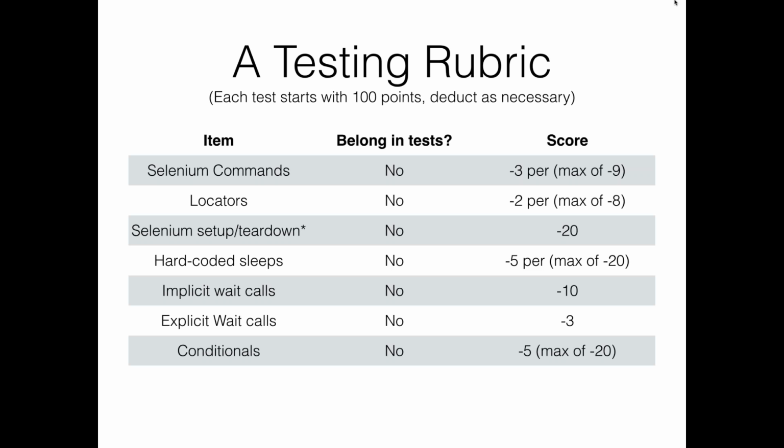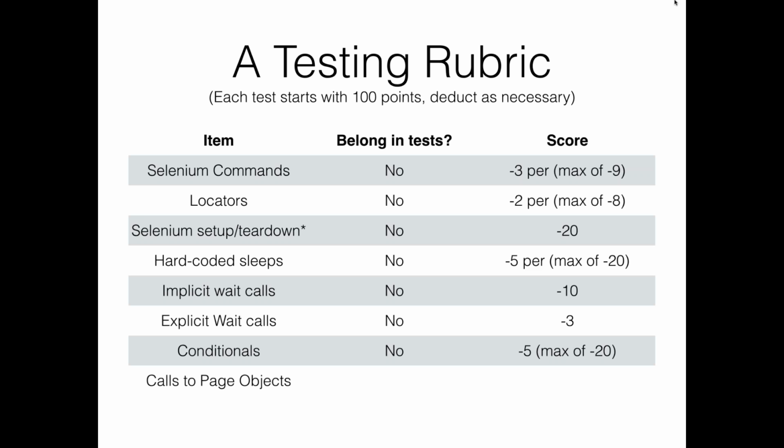And so these things should be abstracted or rethought and put into the correct places. And if they're not, then you end up with these deductions. And if you make these changes and follow this kind of rubric, then you should end up with tests that are better structured, easier to understand, easier to maintain, and correct abstractions have happened in the correct places.